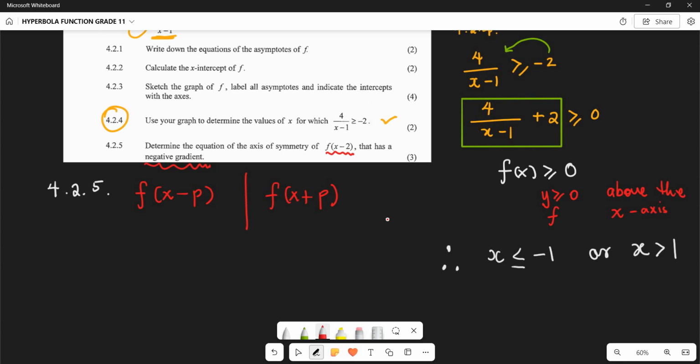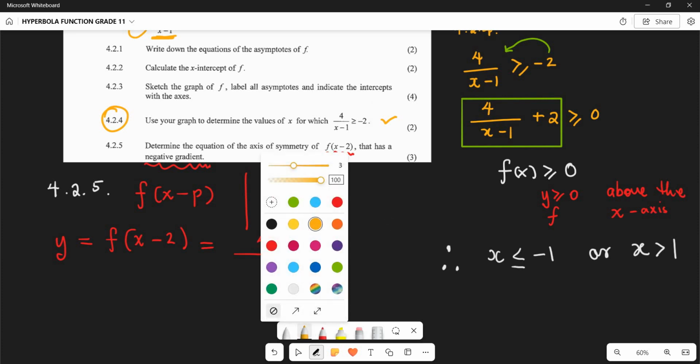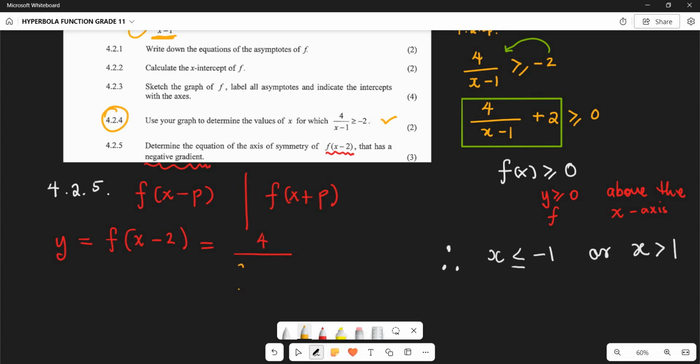So first we need to find the new function. Or we can simply shift every x value by 2 units to the right. So that will be, this would be 4, remember? Wherever we see x now, we are going to say x minus 2.